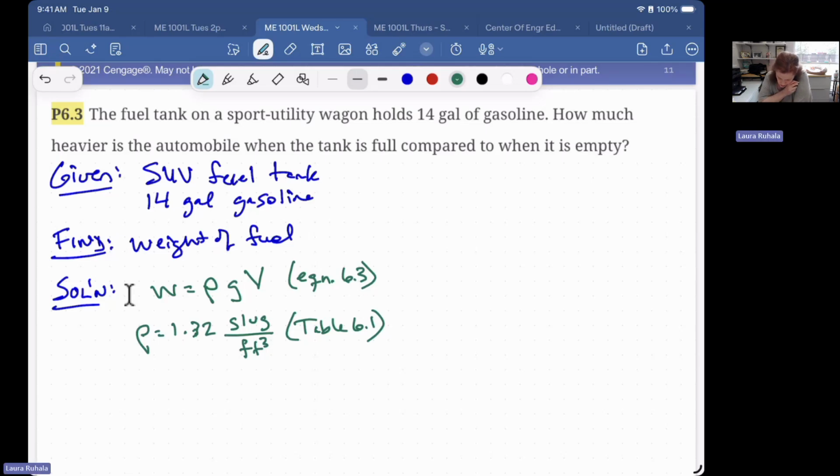Look at this. We're going to be dealing in terms of gallons, but our density is in terms of cubic feet. So we're definitely going to need that conversion.